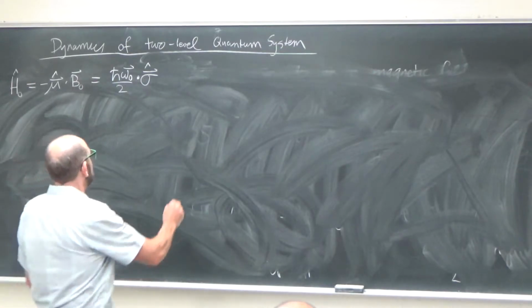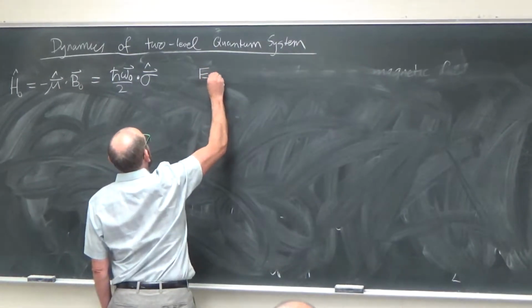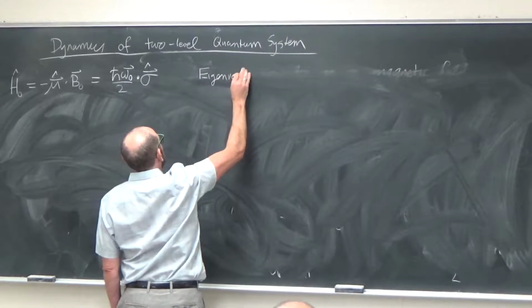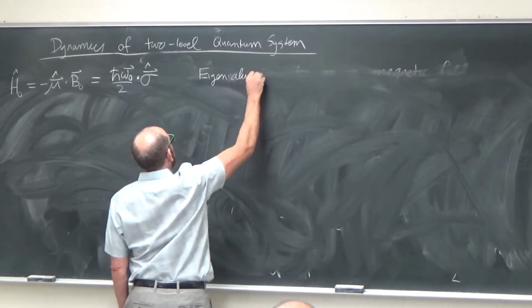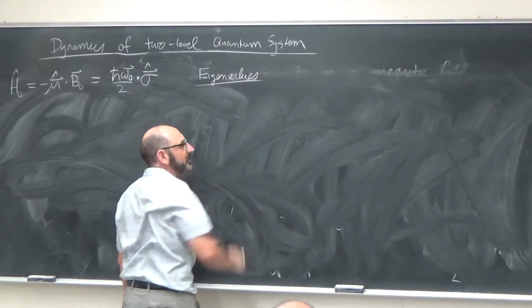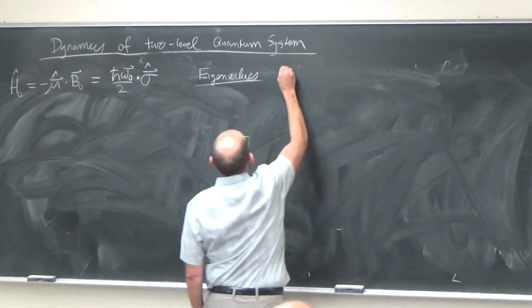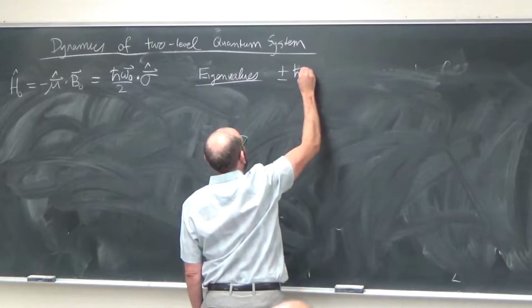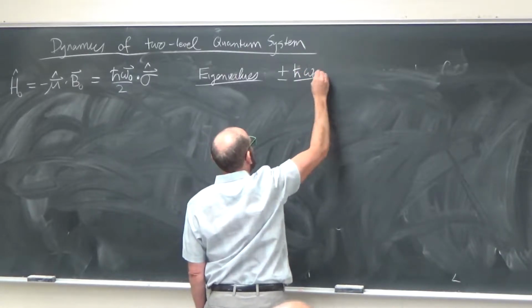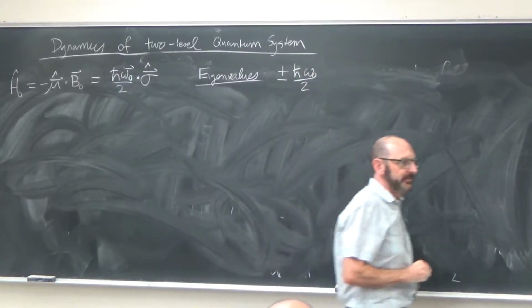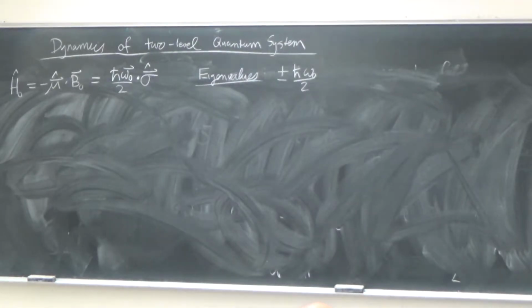First of all, what are the eigenvalues? Plus or minus h bar, the magnitude of omega naught over 2, without the vector sign, right?